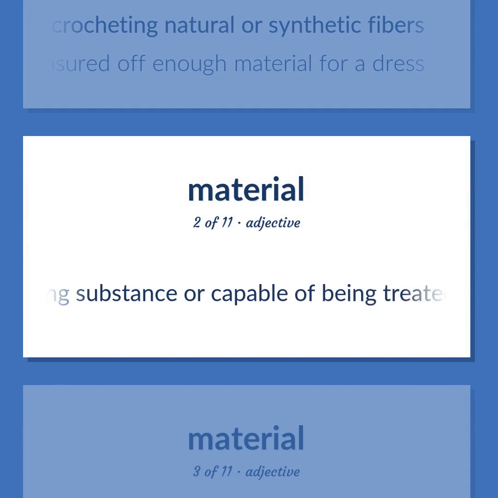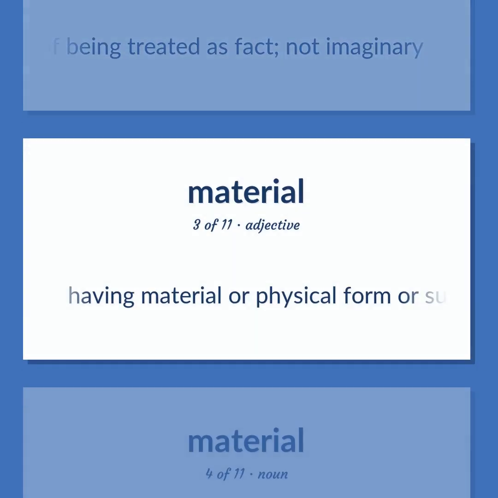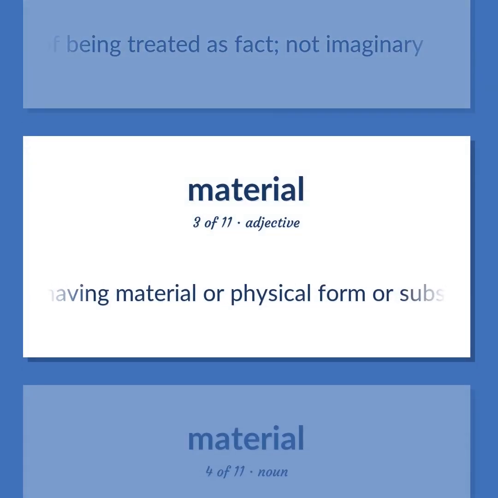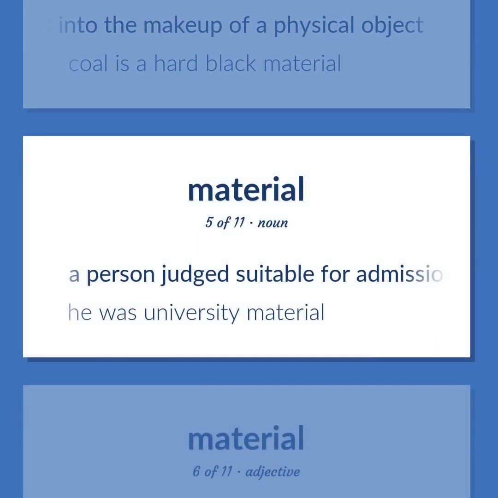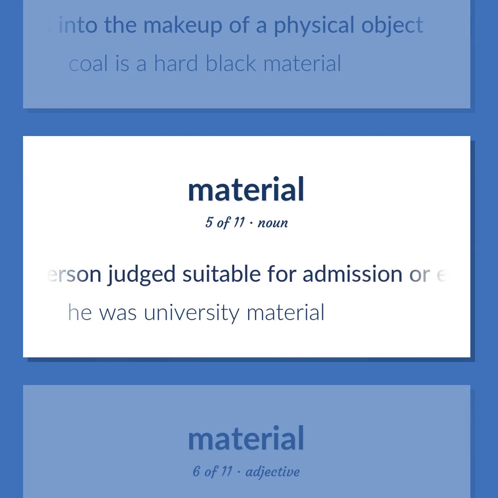Having substance or capable of being treated as fact, not imaginary. Having material or physical form or substance. The tangible substance that goes into the makeup of a physical object. Coal is a hard black material. A person judged suitable for admission or employment.